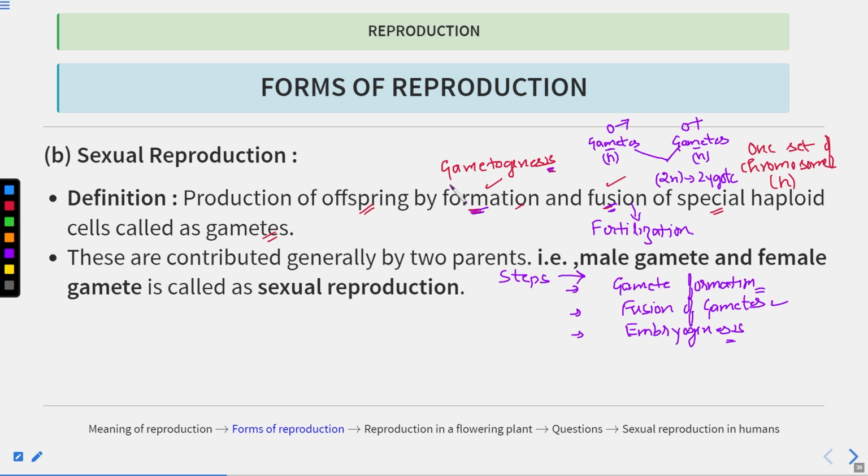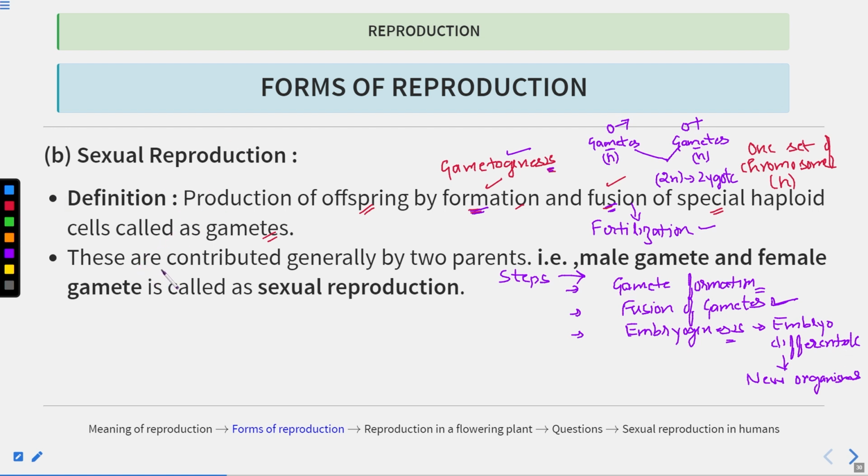Gamete formation is known as gametogenesis. Fusion of gametes is known as fertilization, and the third process is known as embryogenesis, where the embryo will differentiate to form the entire new organism.